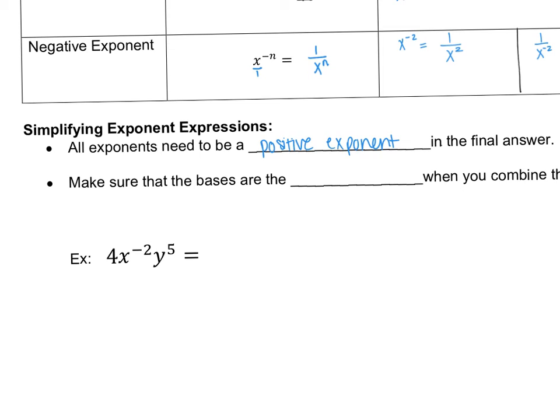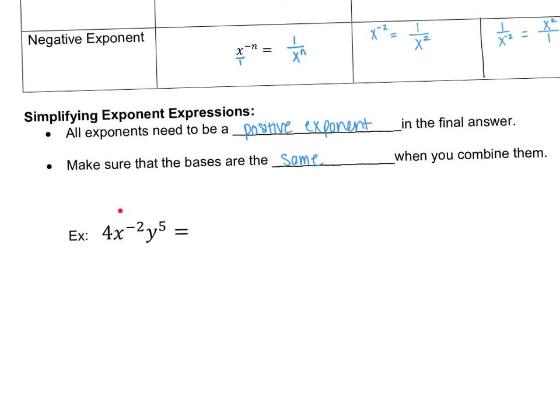So in our case for Algebra 2, we're going to say all the time. And 2, you want to make sure that the bases are the same before you can combine them. If you want to combine things that have the same base, they have to be the same base first before you can combine the exponents.